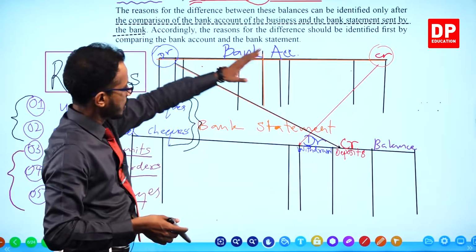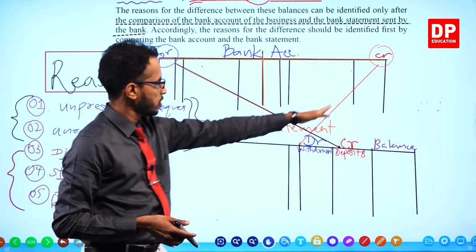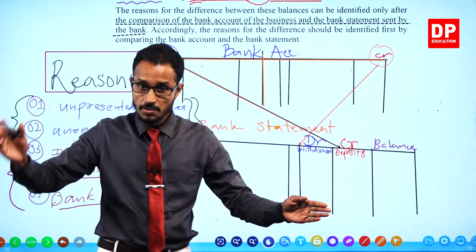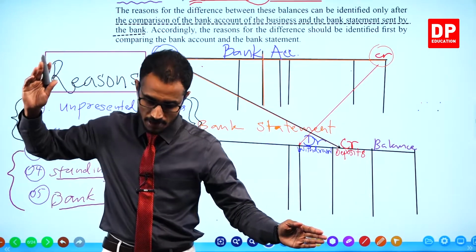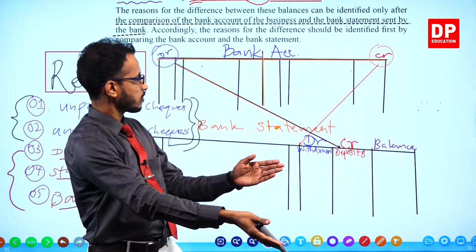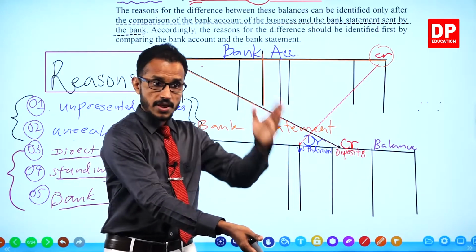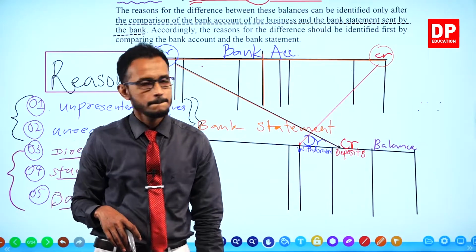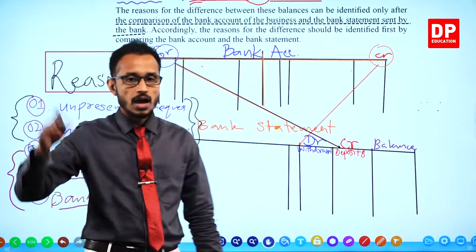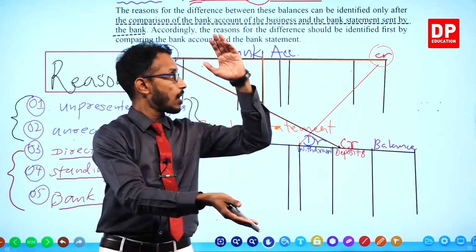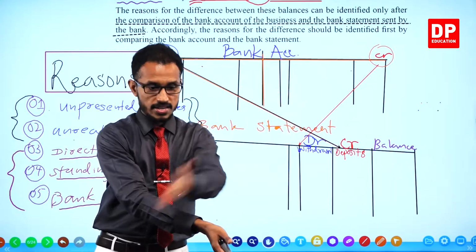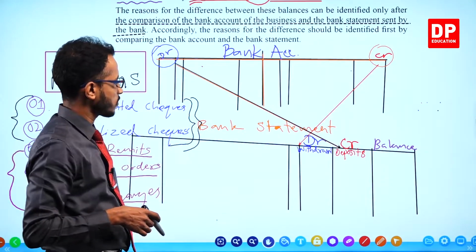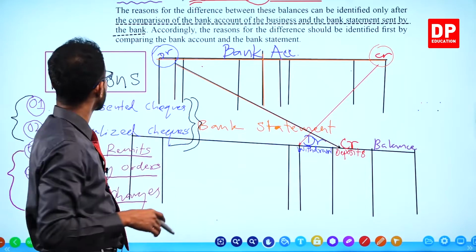The cross-checking, as I have shown here, means our debit side is compared with the credit side of the statement, and our credit side is compared with the debit side of the statement. All right, our debit with the credit, our credit with the debit. It's a cross check, right? And you know the reason. What is the reason?